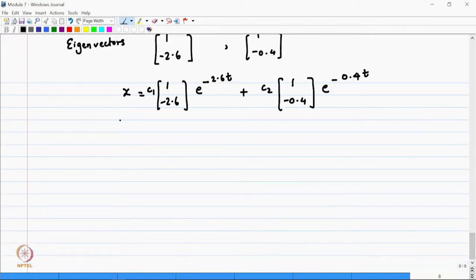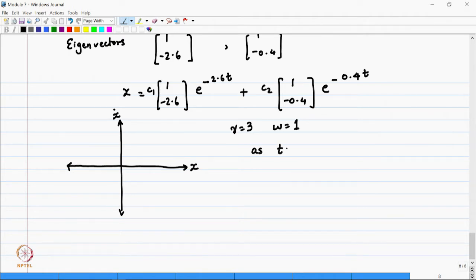Suppose you make a plot on the x-y plane, for the values we took, gamma equal to 3 and omega equal to 1. As I said, the solution depends on C 1 and C 2. As t tends to infinity, we can clearly see that x equal to 0 equal to y. So, this is the critical point.